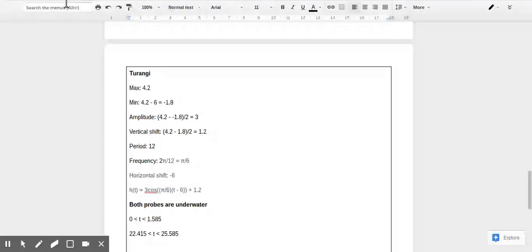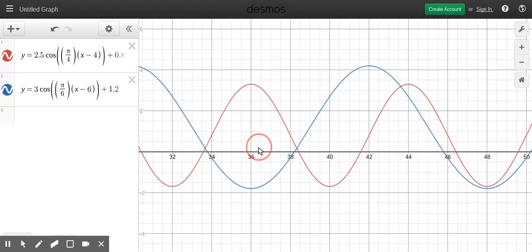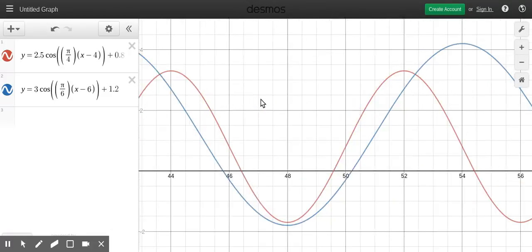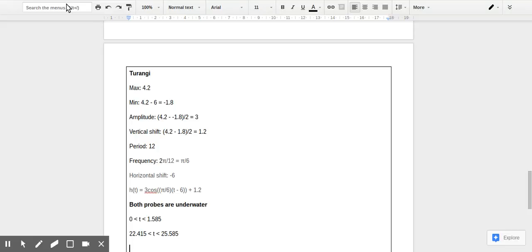And if we keep going, they're both underwater again between 46.415 and 49.585.